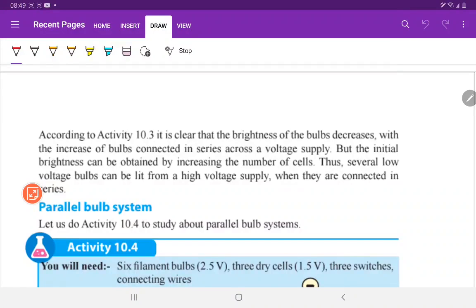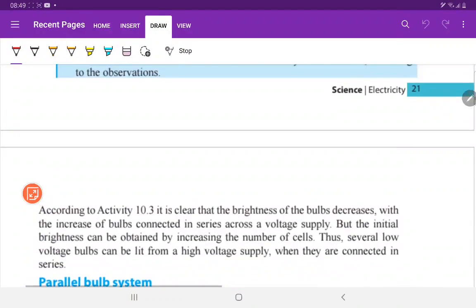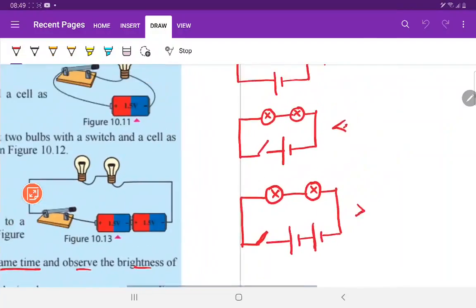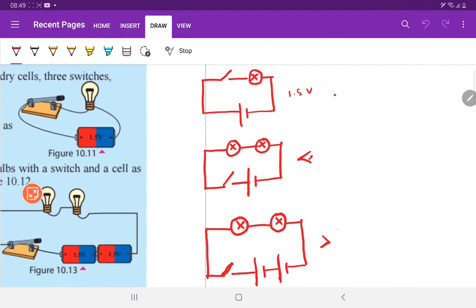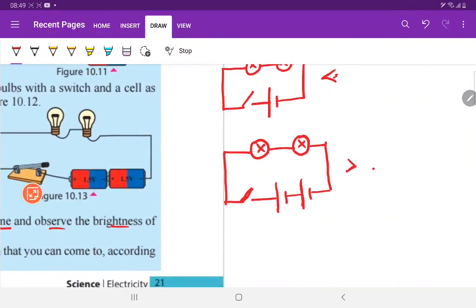If you increase the cells by another dry cell, the initial brightness can be obtained. So this one and this one will be the same, because two dry cells with two bulbs, and here one dry cell with one bulb, so the voltage supply will be equal.